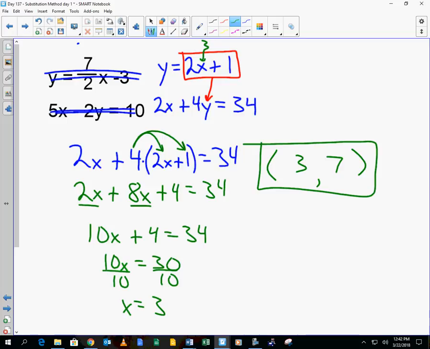Dakota, you had a question. So you see that I got the 3? Is the 3 an x value or y value? X. So then I take the 3 and I plug it in for x. What is 2 times 3? 6 plus 1 is 7, and that's my y value. Did that answer your question? Good.